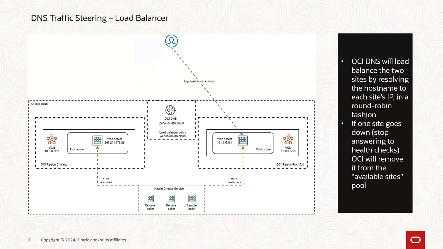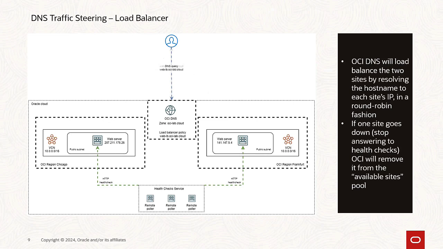It's practically simple, right? We have the health check service at the bottom. It will monitor both sides. In this example, I have OCI region Chicago, where we have a web server, and the same web server with the same data is in Frankfurt. The health check service monitors both of these sites. If both are up, the DNS system will load balance the answer.